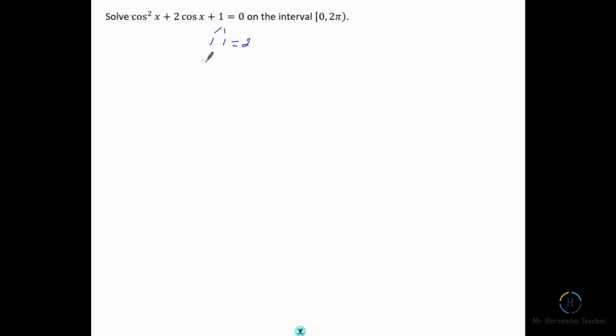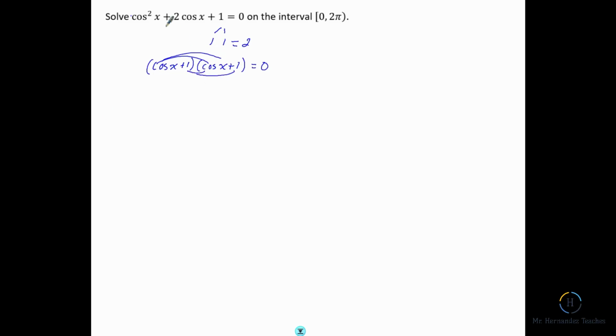So let's see what I can do. Those are going to be my factors. So cosine of x plus 1, and then cosine of x plus 1 is equal to 0. Now, if you don't believe that these are going to be the factors, go ahead and multiply them out: first, outside, inside, last.